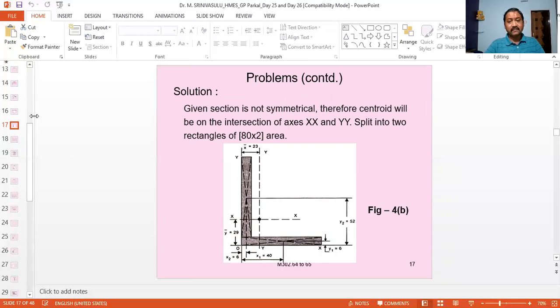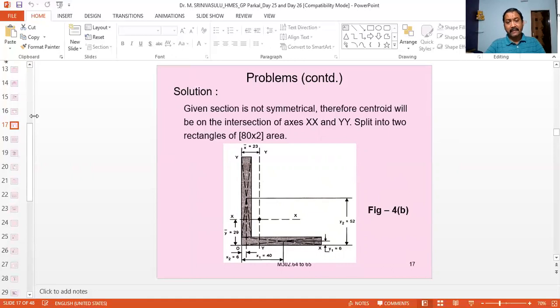Then this given L section is neither symmetrical to the x-axis nor symmetrical to the y-axis. So it has two coordinate distances, the x distance and also the y distance. So we need to find the coordinates x and y.